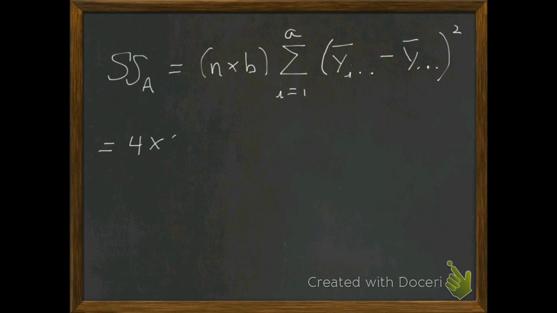There are 3 levels for factor B. And then for i equal 1 to a, this is clearly 3, because there are 3 levels for A. So we're going to come in for, first of all, the Y bar when i is equal to 1.